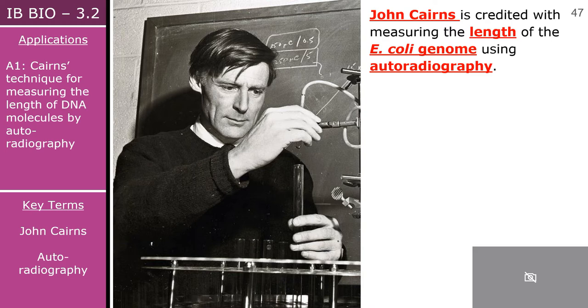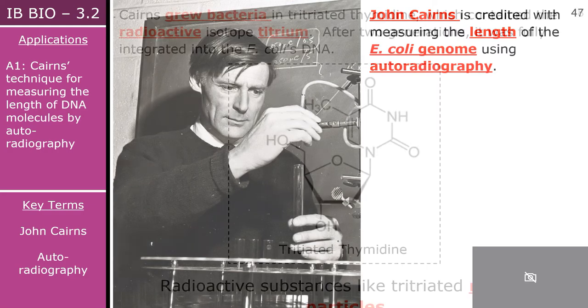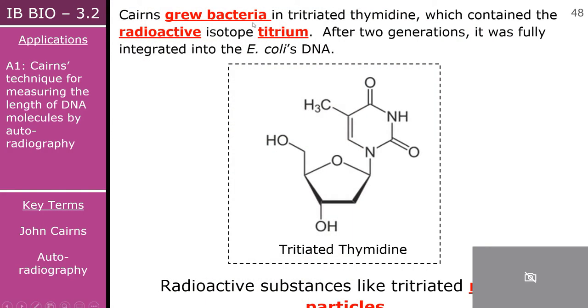One of the most famous people, I guess, in the chromosome world is John Cairns. He was the first one to really take a picture of a chromosome, and he did this in bacteria using a technique called autoradiography. What he did is he grew bacteria in tritiated thymidine.